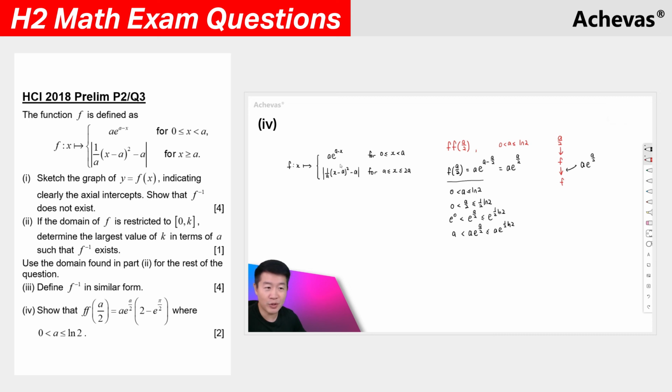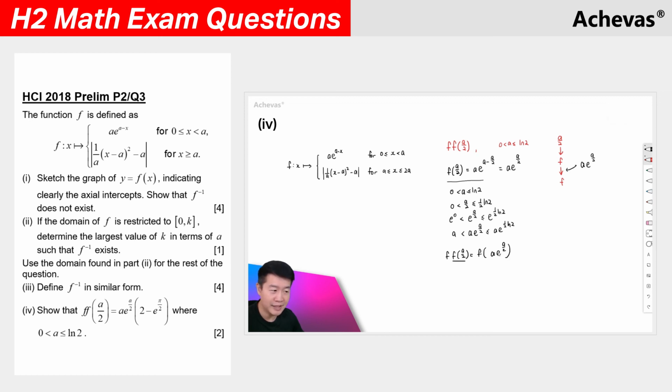So we are going to make use of this particular expression to find f of a over 2, because from the first f of a over 2, we have gotten a e to the power of a over 2.